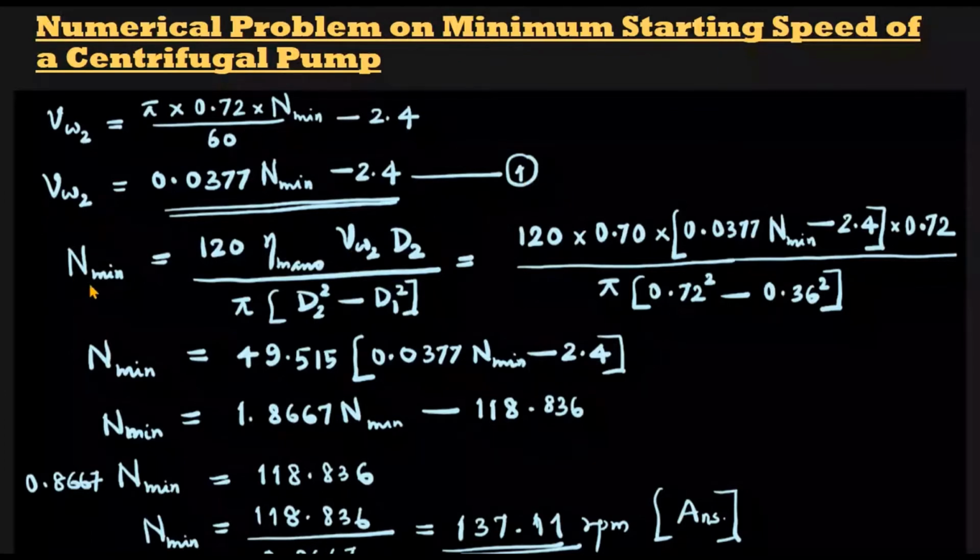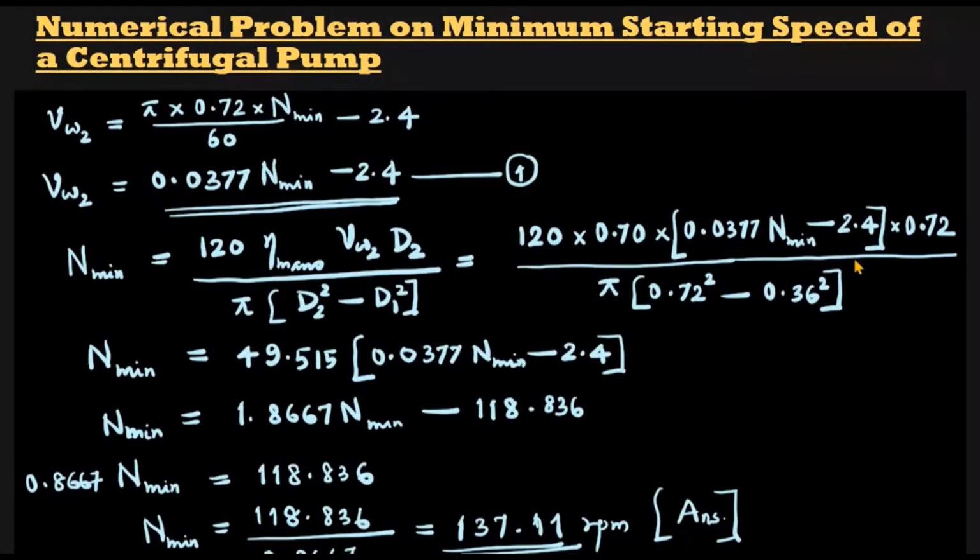So that you can substitute over here on the right hand side. So n minimum is equal to 120, eta mano is 0.70 into, instead of VW2, I am going to substitute this expression, 0.0377 n minimum minus 2.4. So instead of VW2, we have this expression into D2 is 0.72, divided by denominator pi into D2 square minus D1 square, that is pi into 0.72 square minus 0.36 square.